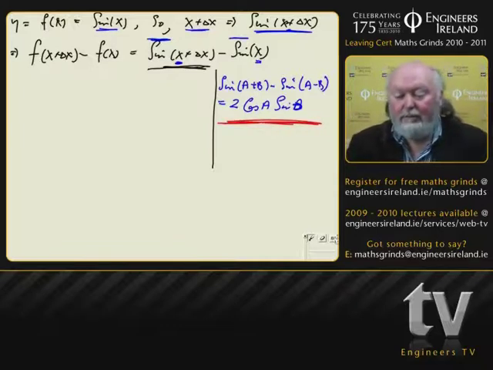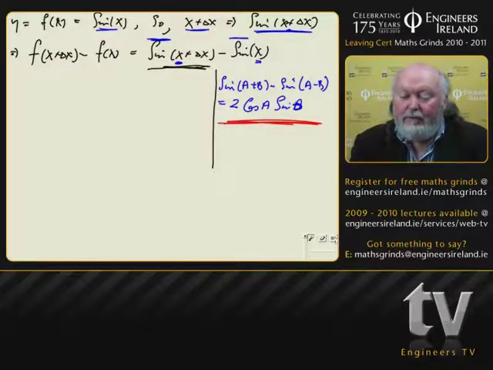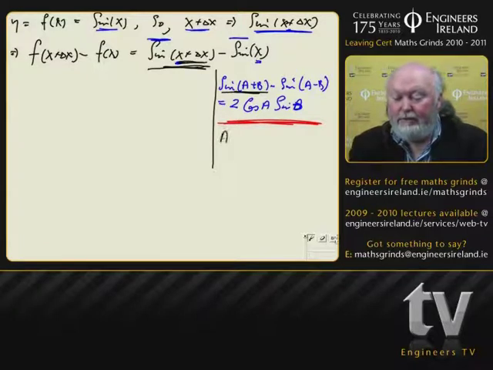What do we know here? We know that this first one, this thing in here, is A plus B. You can call that equation 1 if you want.